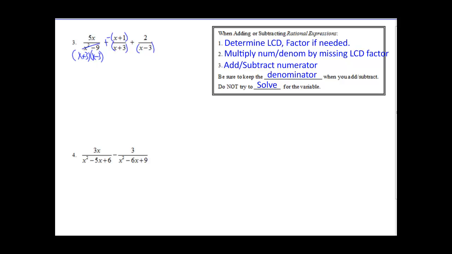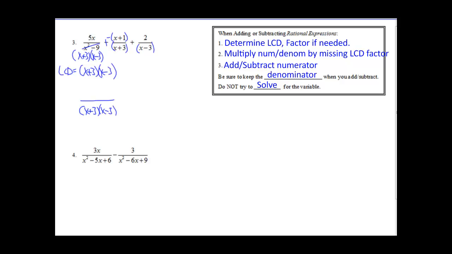It does help for distributing. So our LCD, put down the first term. I know I need an x plus 3 and an x minus 3. If I go to the middle term, we already have an x plus 3, and if I go to the last term, I already have an x minus 3. So our LCD is x plus 3, x minus 3.